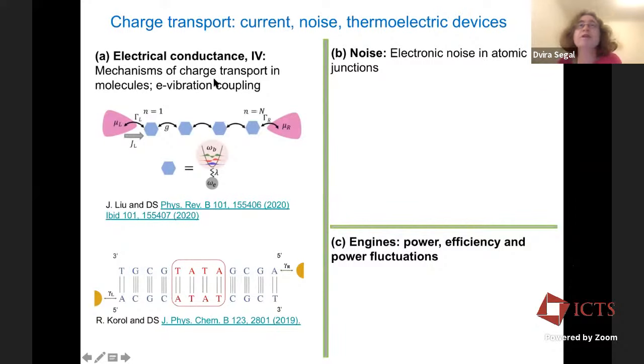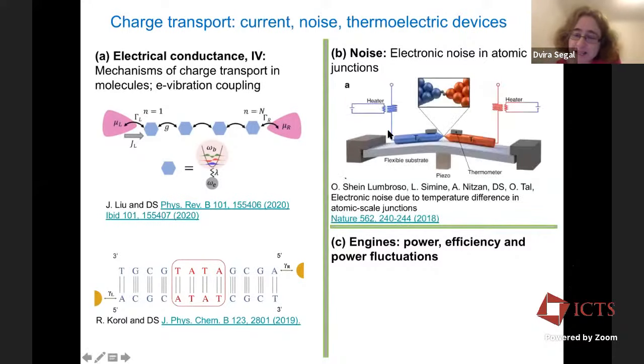Moving from measures such as linear response conductance and IV characteristics, in the last 5 or more years we moved to look at the noise associated with the current, or the fluctuations associated with the current. I will not dwell on this part of my research, but we had a very fruitful collaboration with an experimental group.